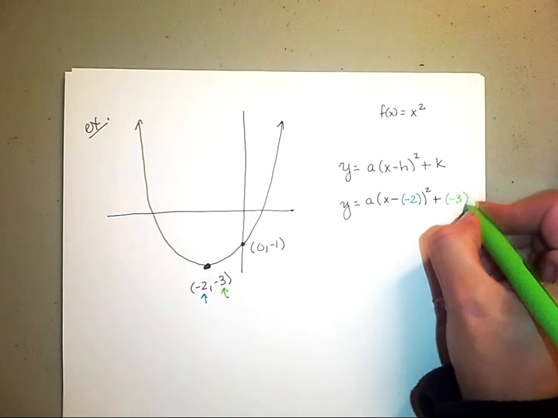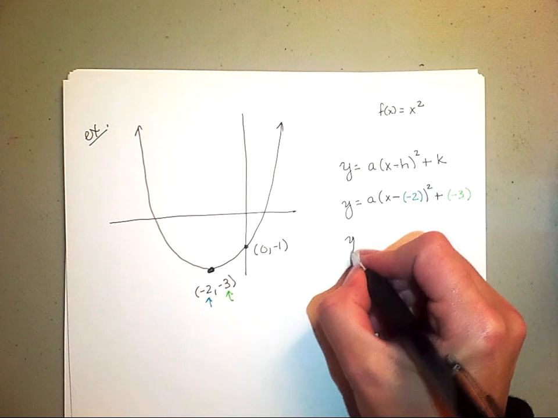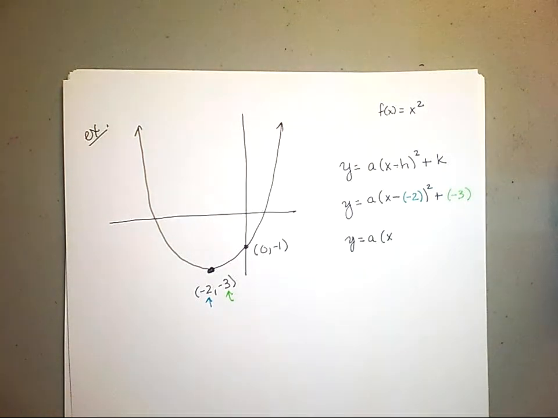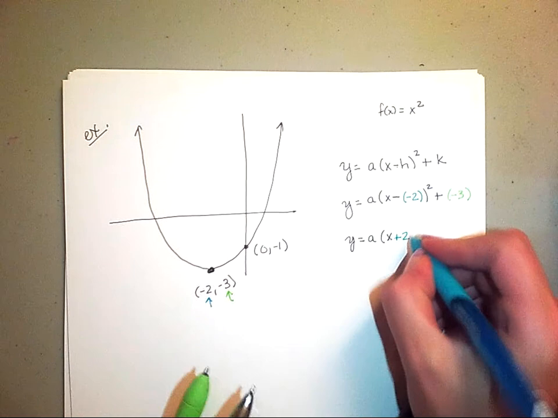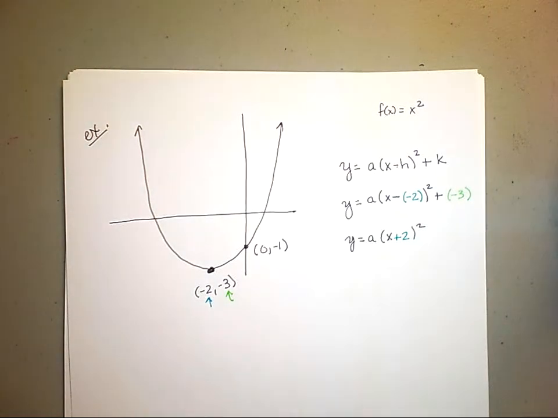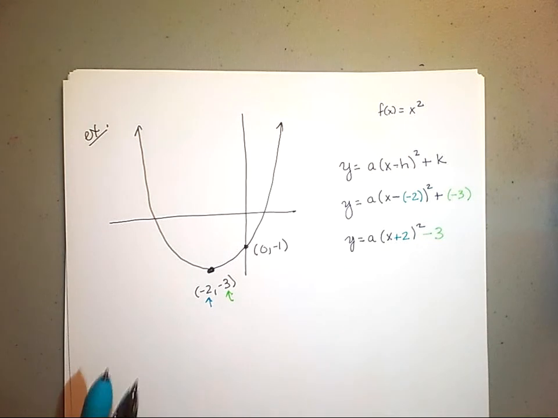So I'm adding a -3. Okay. So we're very close. So this becomes y is equal to a times x now plus 2, that quantity squared, and then -3. Adding a negative is -3. Okay.